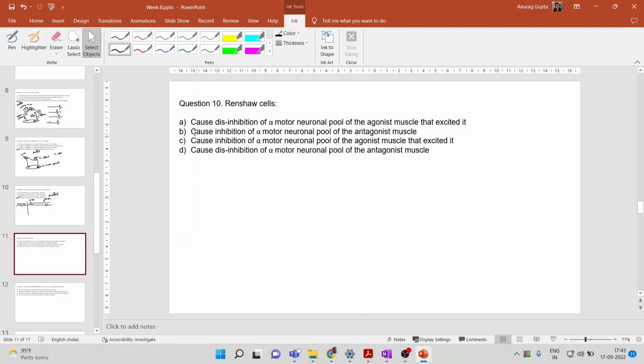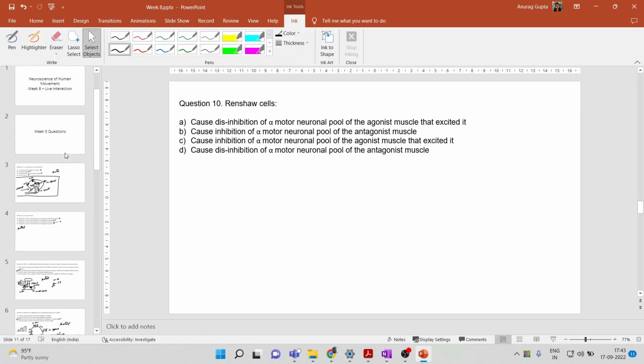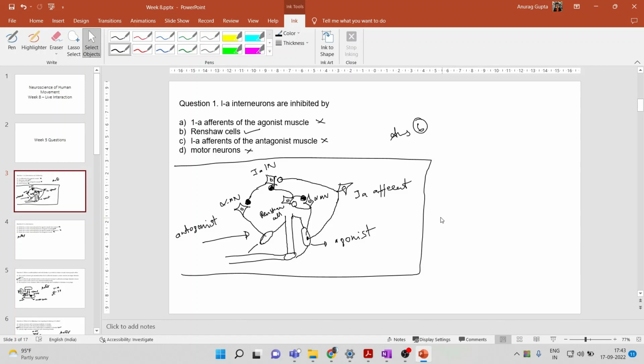So let me just discuss this. Let me go back to the first slide. If you look at the scenario here, when the alpha motor neuron fires to cause a contraction in the agonist, it also causes an excitation in the Renshaw cell, and the Renshaw cell inhibits the alpha motor neuron that excited it.